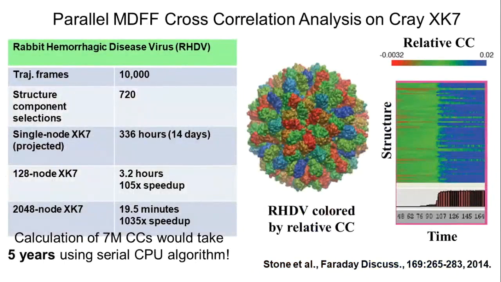We then adapted this code to use the GPU, which I'll talk about in a second, but we ran it on a supercomputer with 2,000 nodes, and this allowed us to do something that, if we had used just CPUs on a single workstation, would have taken us 5 years with the original code. Running it on 2,000 nodes of a supercomputer with GPUs, we could do it in 19 minutes.